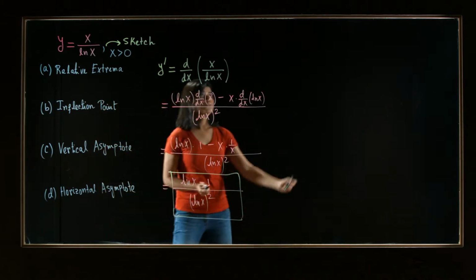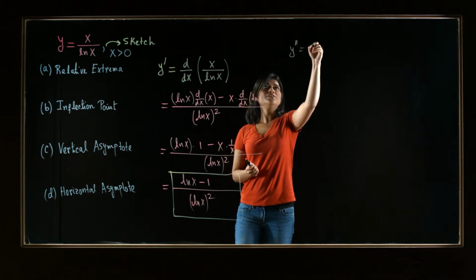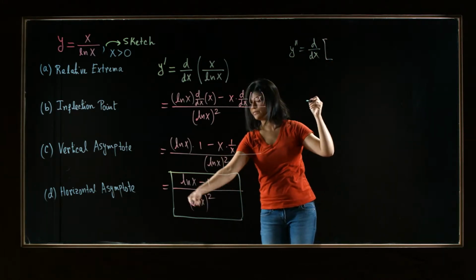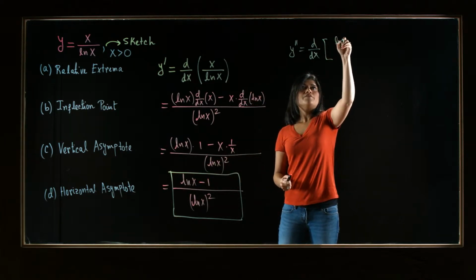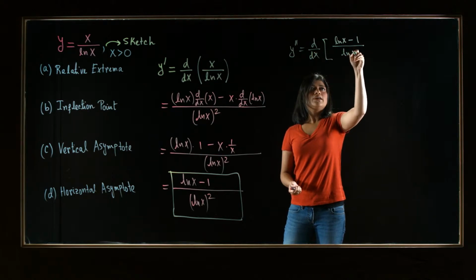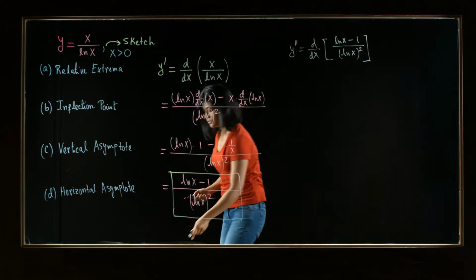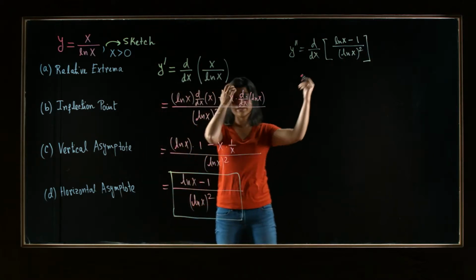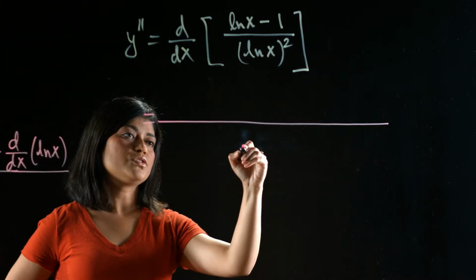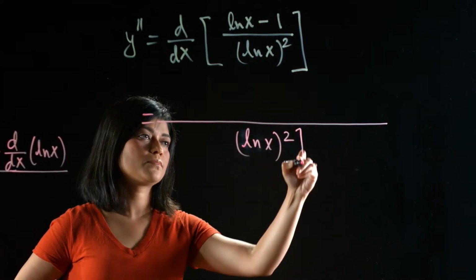Now, let's compute the second derivative. Recall that the second derivative is the derivative of the first derivative, which is right here: ln of x minus 1 over ln x squared. Quotient rule again, because it's a quotient. So, you have ln x squared and then square that.